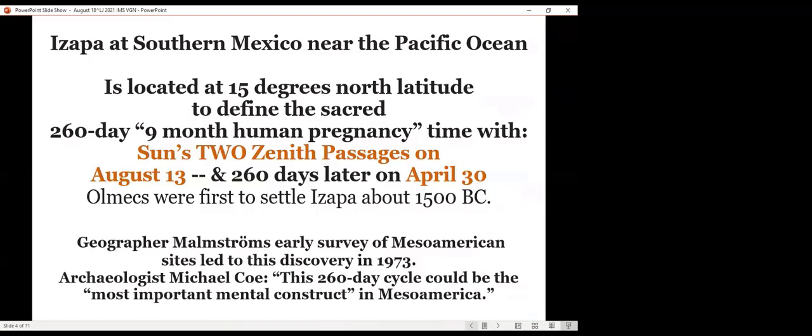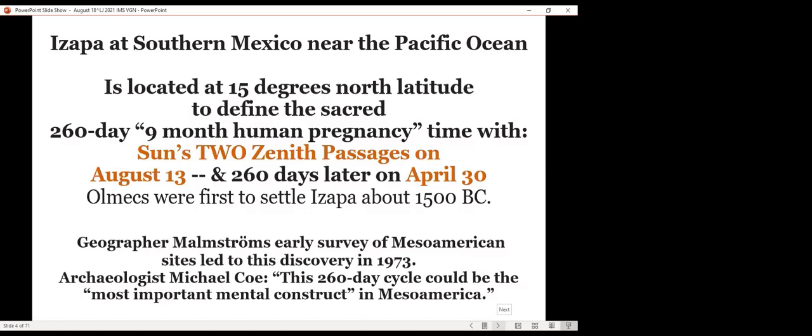It defines the sacred 260-day, 9-month human pregnancy time with the sun's 2 zenith passages on August 13th and 260 days later on April 30th. The Olmecs sought out the Izapa location and its amazing landscape to document this amazing site and calendar.